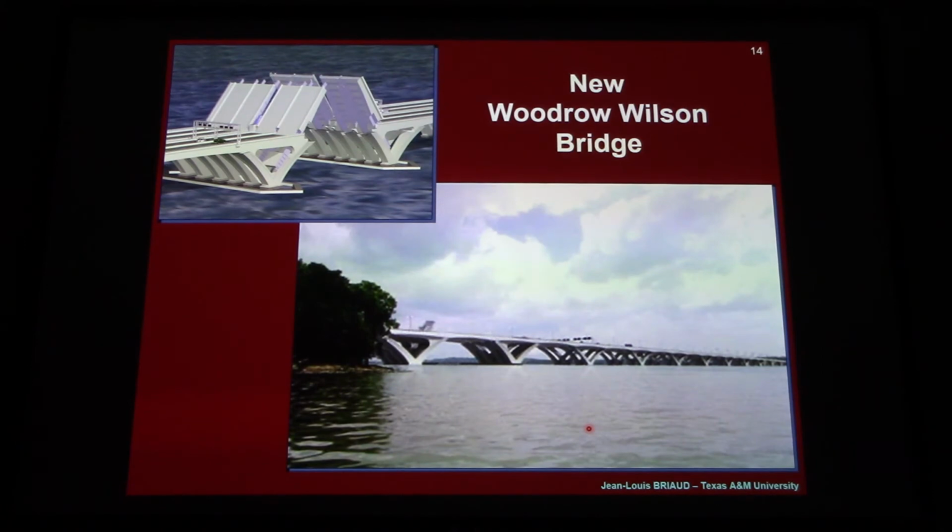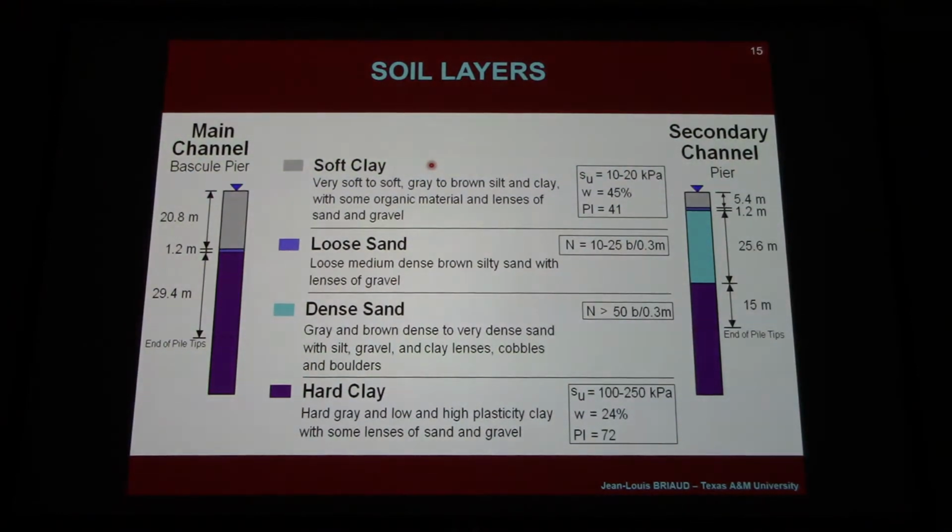And here is a rendition of the new bridge, much bigger. There are 6 lanes in both directions, and also a bascule bridge. You can imagine that the bascule piers are going to be massive. Here are the soil layers. We have soft clay for about 20 meters, and then hard clay below that, a little bit of sand.